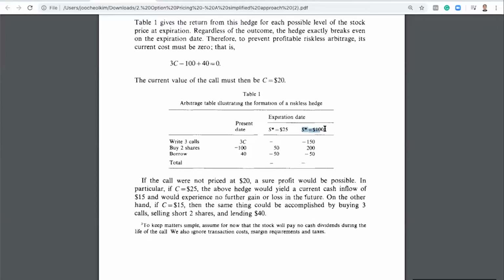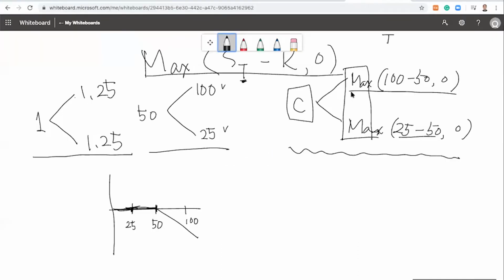The underlying asset goes up to $100, and I have to settle all my positions. For the first one, I sell 3 calls. Since I sold call options, but this time the underlying asset is $100, for every call option I have to give $50 to the long position of the call option.